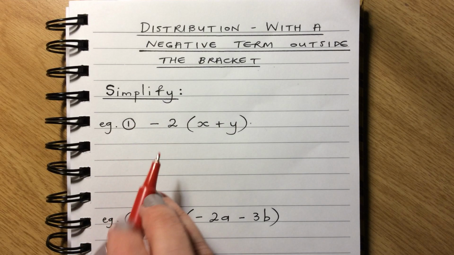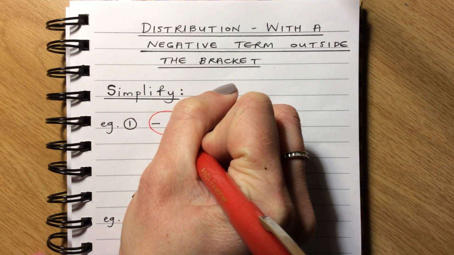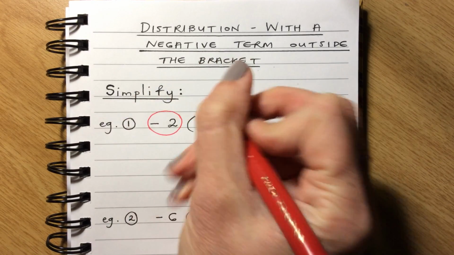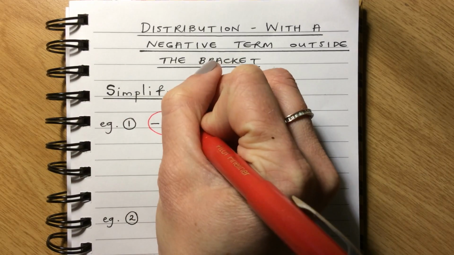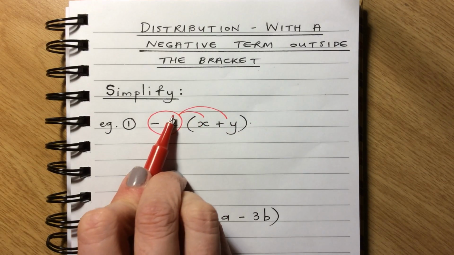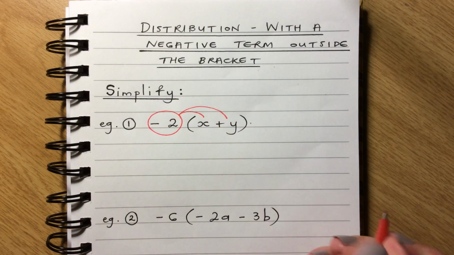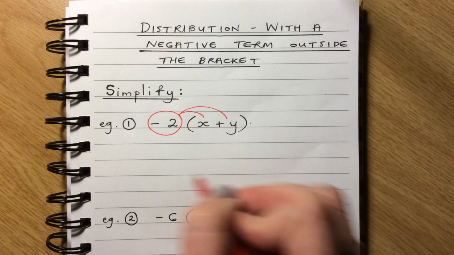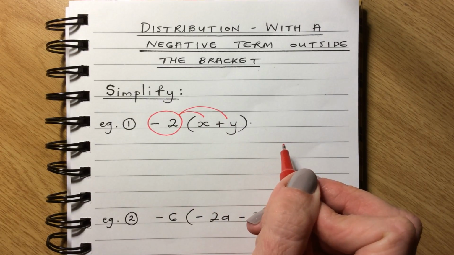So what I'm going to recommend is, in distribution, when it gets a bit more complicated, it's actually nice to ring that negative and the 2. I call these rainbow sums because you need to multiply the negative 2 onto both of the values, or 3 of the values, or 4 of the values inside that bracket.